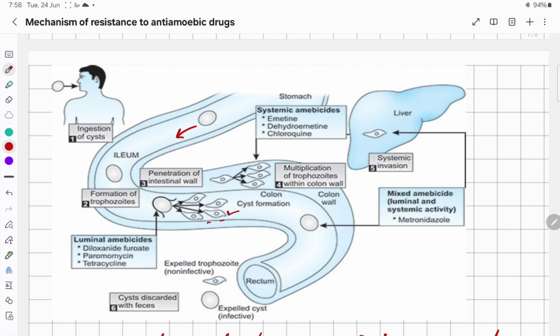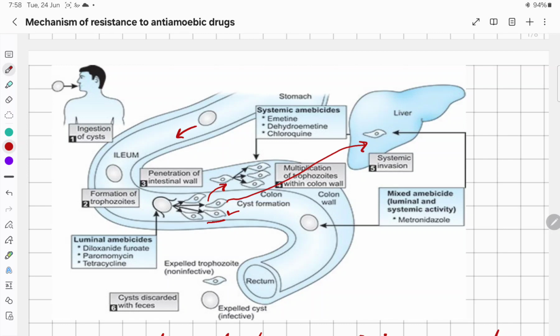These trophozoites are labile, live inside the body, are invasive, enter into the intestinal wall, and through blood circulation can go to the liver.